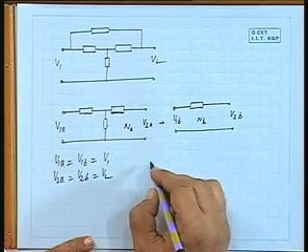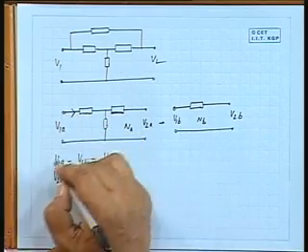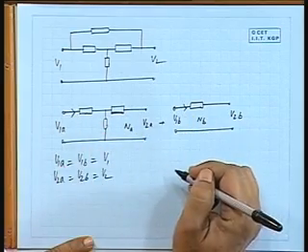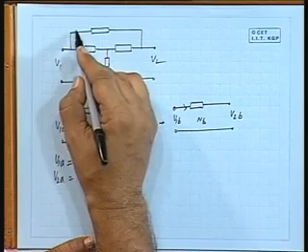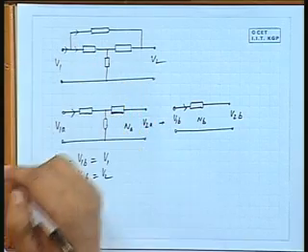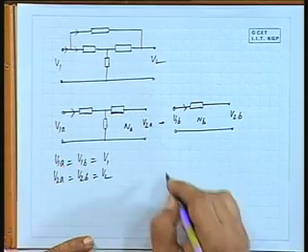Therefore, for this network, if we write the equation, say I1A and I1B, then I1A plus I1B will be the total I1. Okay.